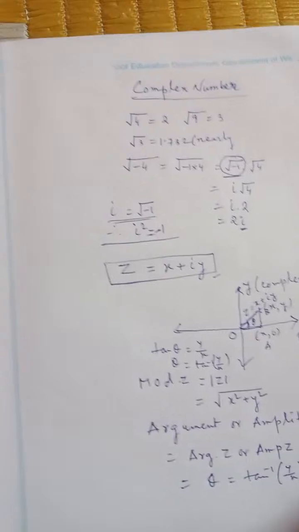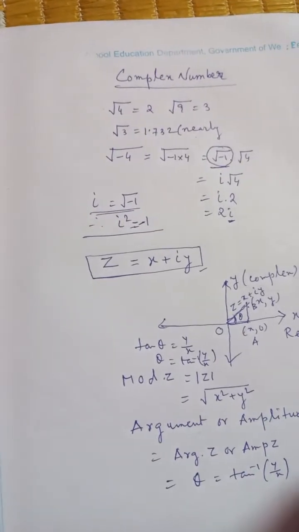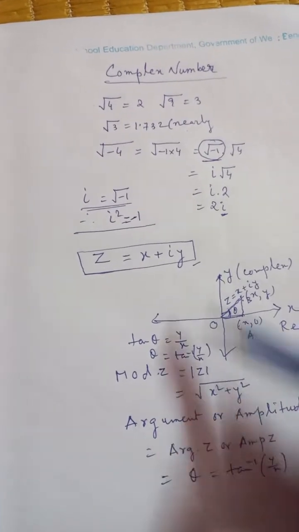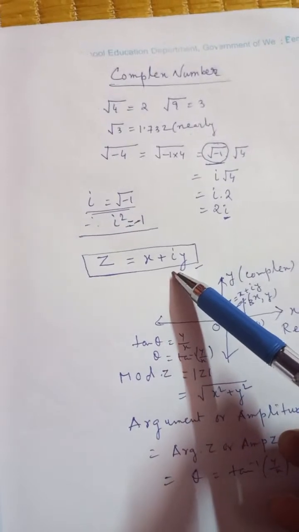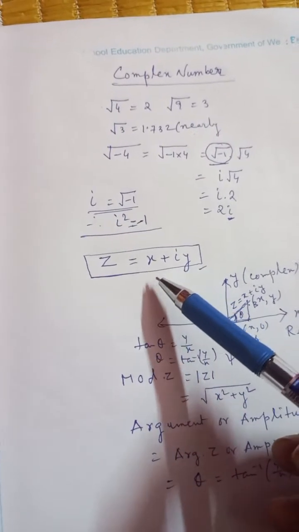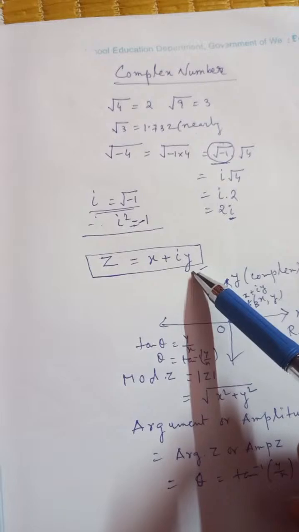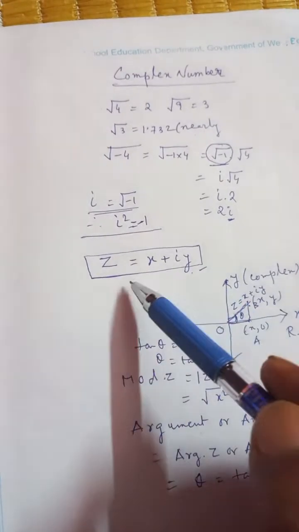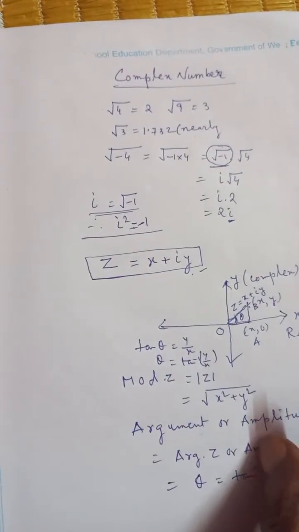Now addition, subtraction, multiplication, and even division are also possible with two complex numbers. You can see this.